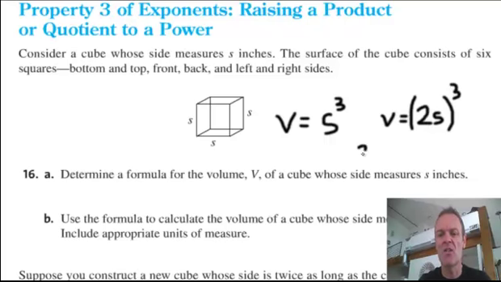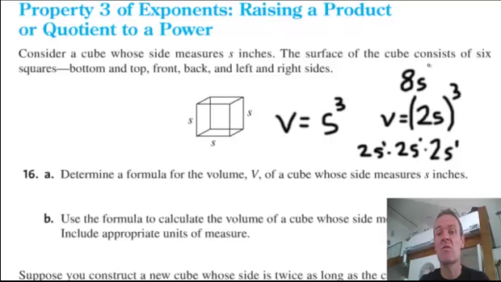Because that's the explanation. 2s times 2s times 2s. Okay. Again, you can think of little ones here. Now, can you see the new volume is going to be, what's 2 times 2 times 2? It's 8. And of course, s times s times s is s cubed.